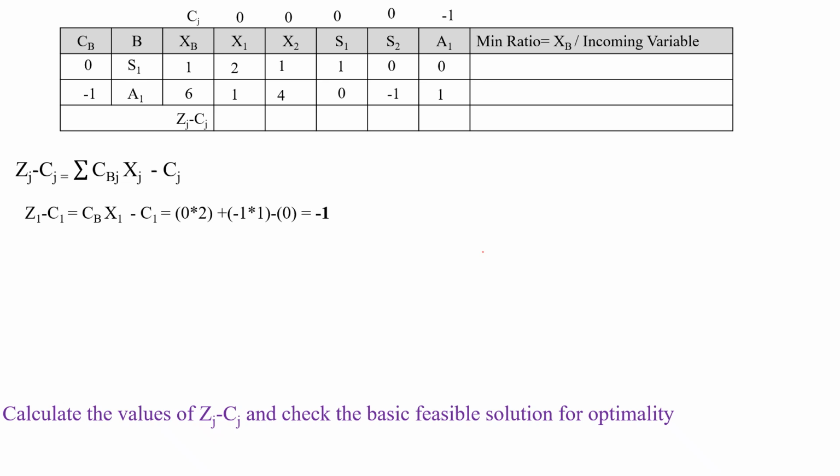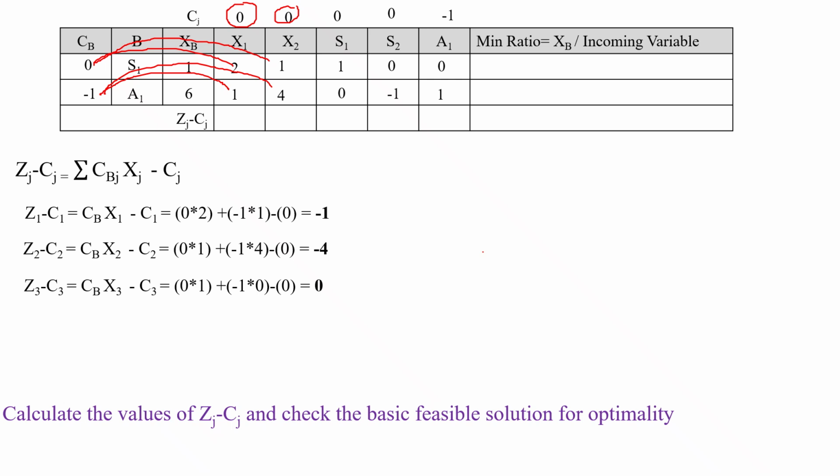Zj minus Cj is 0 into 2 plus -1 into 1 minus 0, that is -1. Similarly for x2, Z2 minus C2 is 0 into 1 plus -1 into 4 minus 0, its value is -4.